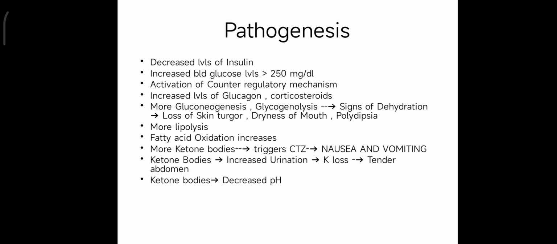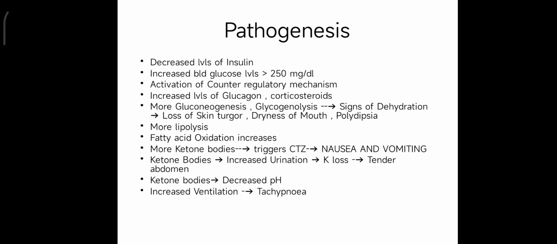And due to the accumulation of more ketone bodies, there will be decreased pH. So this decreased pH will also lead to increased ventilation, and that causes tachypnea. So these are the features regarding pathogenesis. Once again, the decreased level of insulin causes increased blood glucose level that is more than 250 milligram per deciliter, that causes the activation of counter-regulatory mechanism that increases the level of glucagon and corticosteroids.